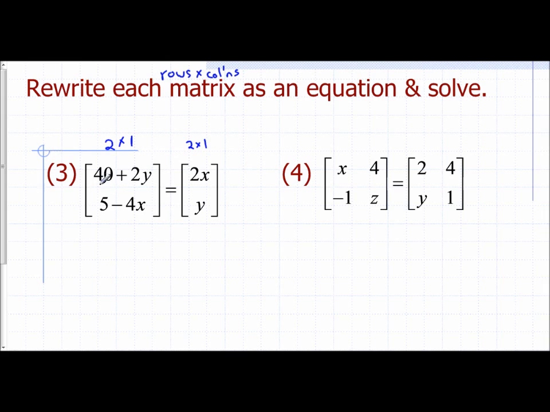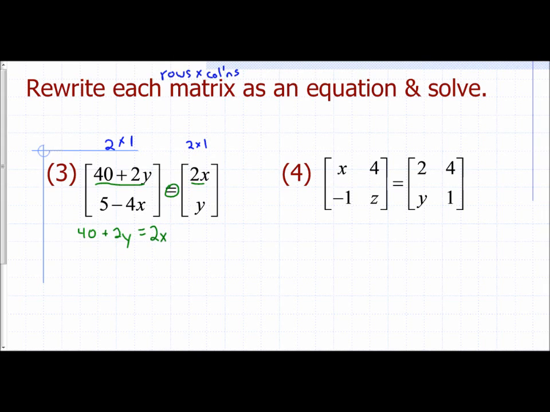So, this is row 1, column 1. You're going to want to set it equal to row 1, column 1 in the other matrix. So you have 40 plus 2y is equal to 2x.